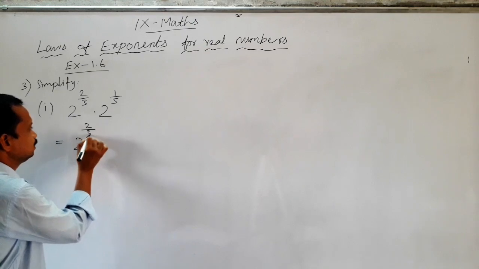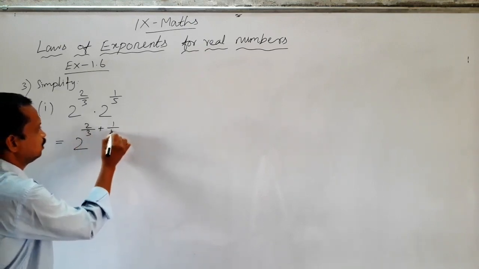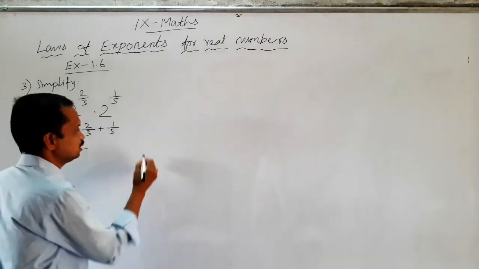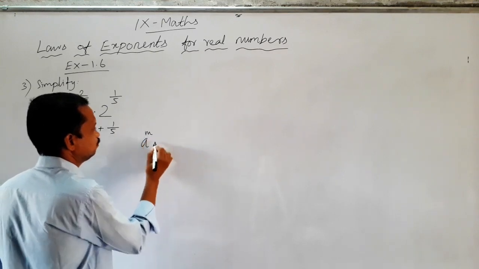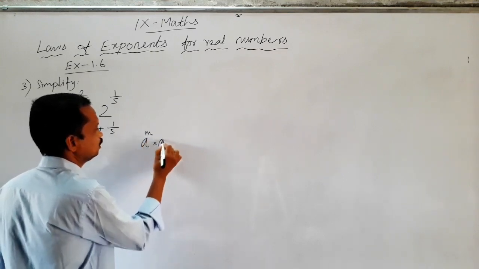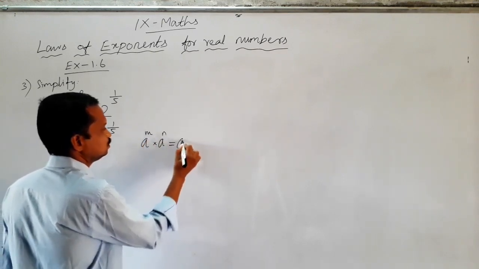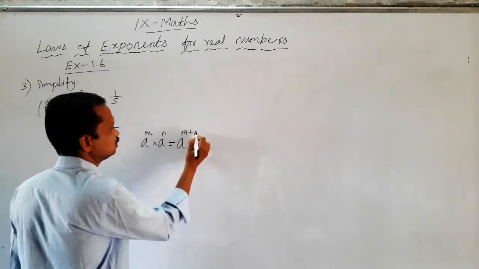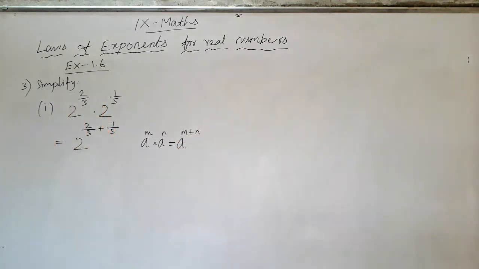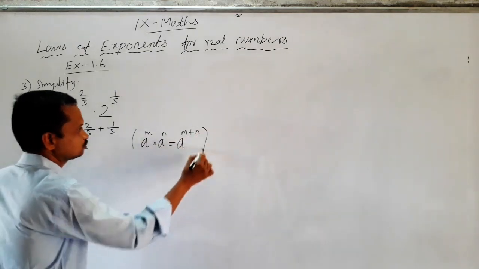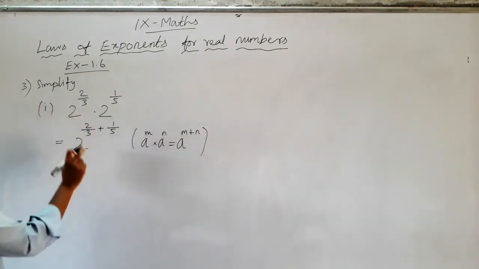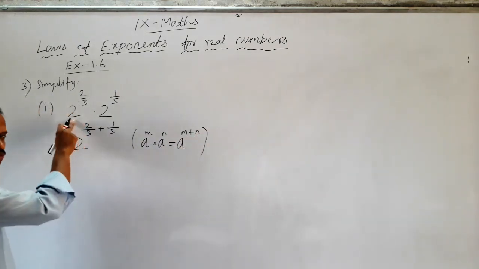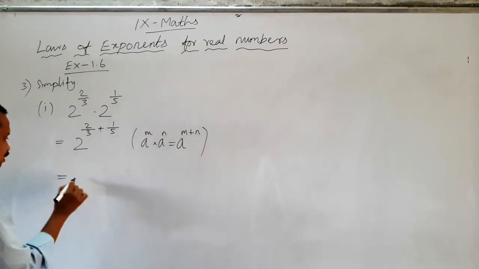So 2 by 3 plus 1 by 5. Which law is applicable here? a power m into a power n is a power m plus n. So by applying this law, we can write this question as this.